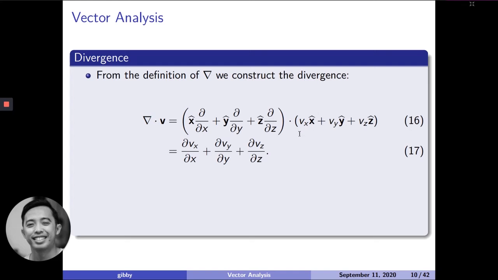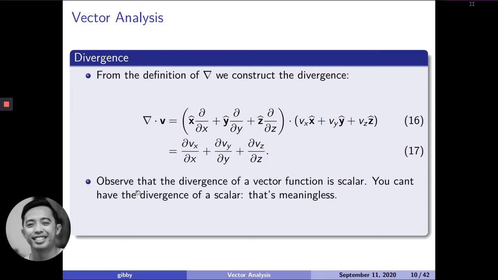notice or recall that if you have a dot product of two vectors, the result is always a scalar quantity. So the output of the divergence of something is always a scalar quantity. So it's just a number. Observe that the divergence of a vector function is scalar, and you cannot have the divergence of a scalar because it doesn't mean anything.